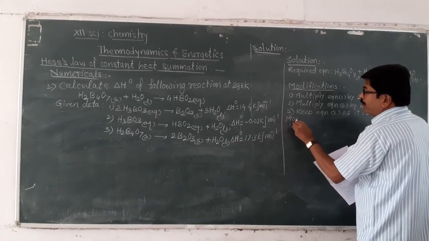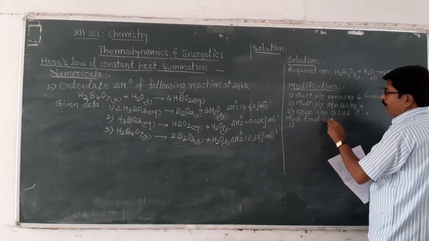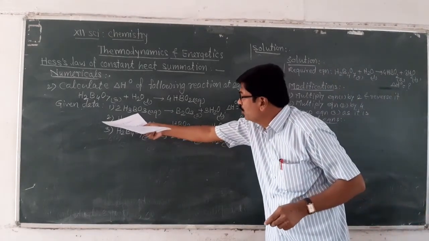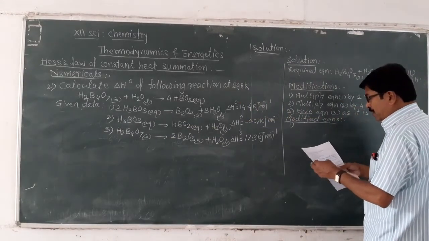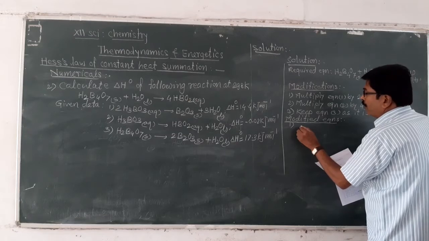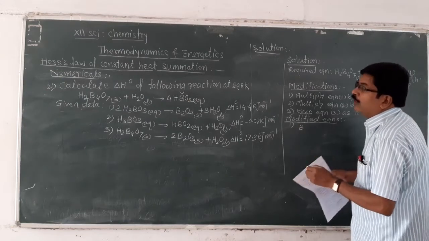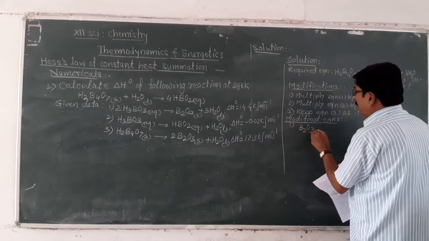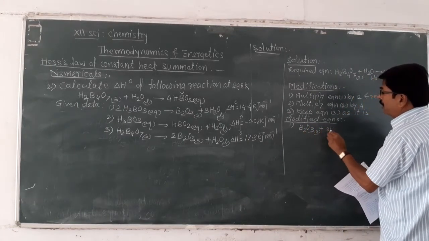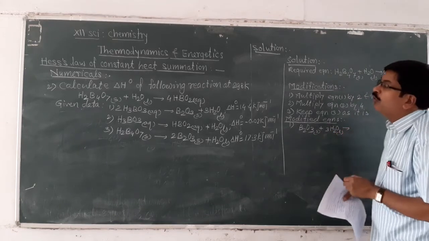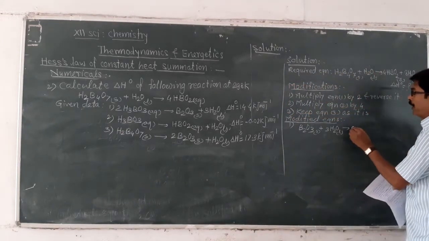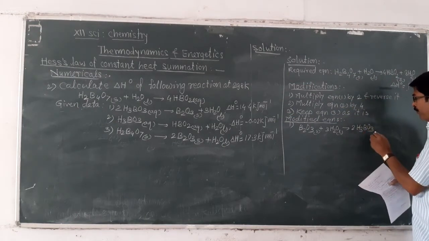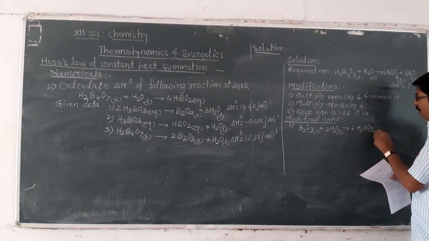Now the modified equations. First of all, you reverse the first equation: B2O3 solid plus 3H2O liquid to give 2H3BO3 aqueous.